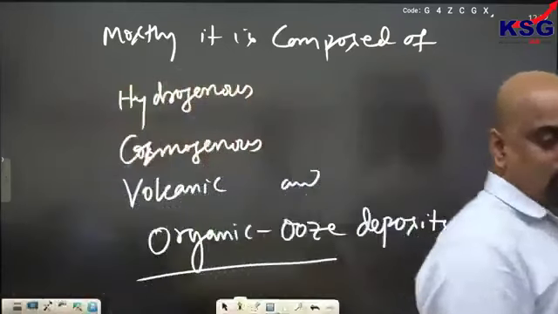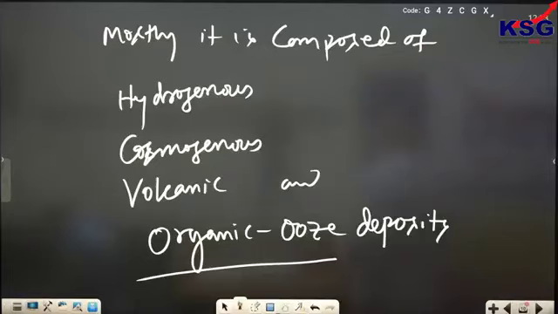Hydrogenous, cosmogenous, organic and volcanic as well as ooze deposit.